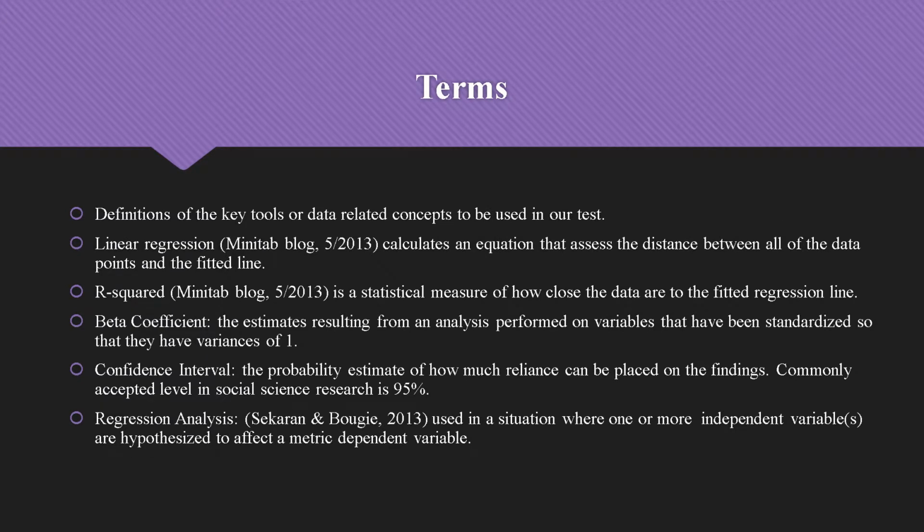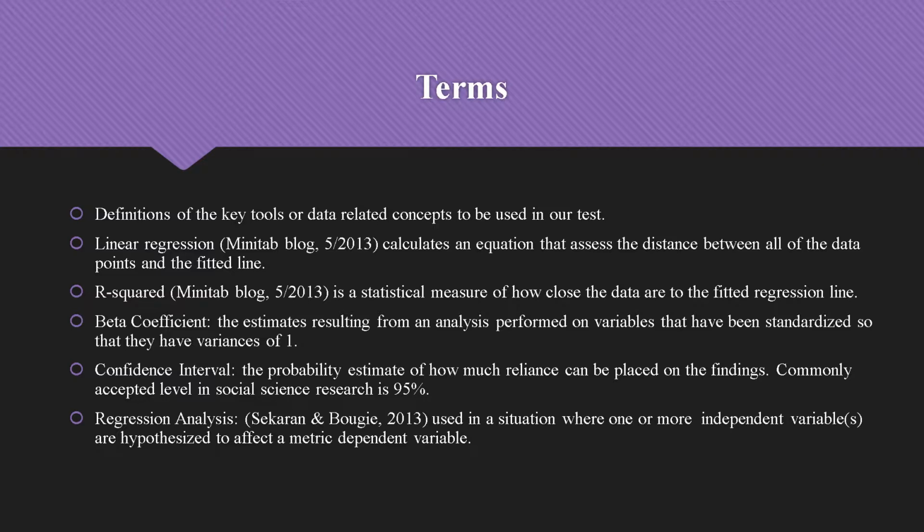The terms that we will be using: linear regression. It calculates an equation that assesses the distance between all of the data points and the fitted line. R-squared, which is a statistical measure of how close the data are to the fitted regression line. Beta coefficient, the estimates resulting from an analysis performed on variables that have been standardized so that they have variances of 1.